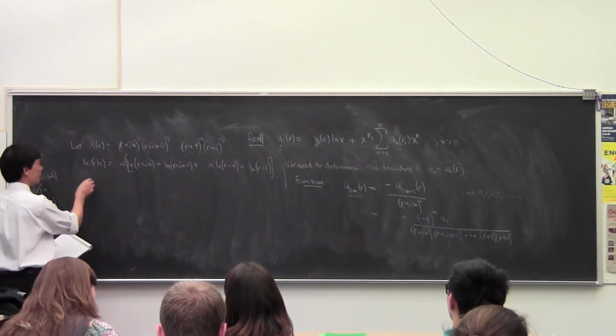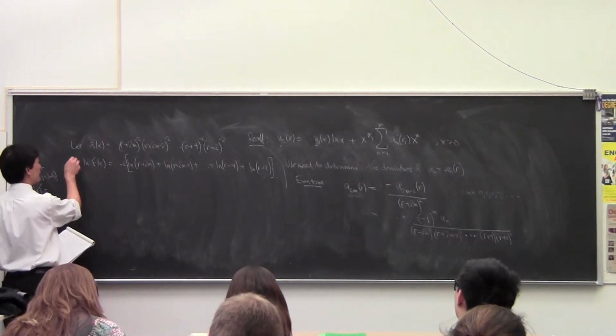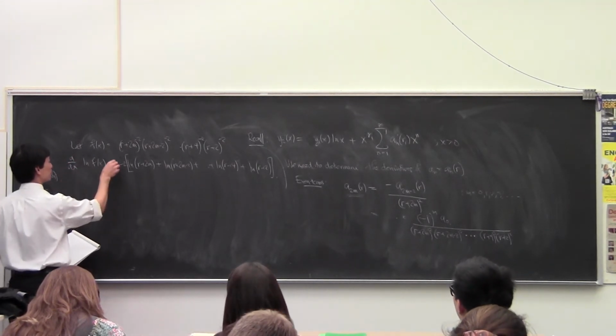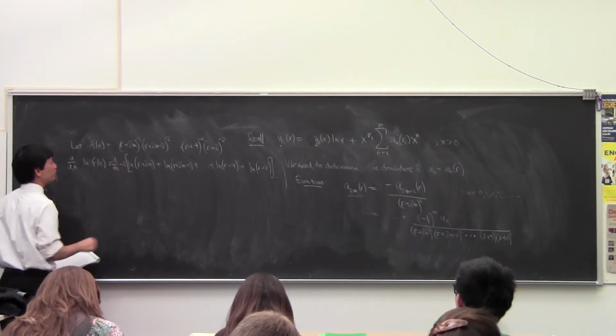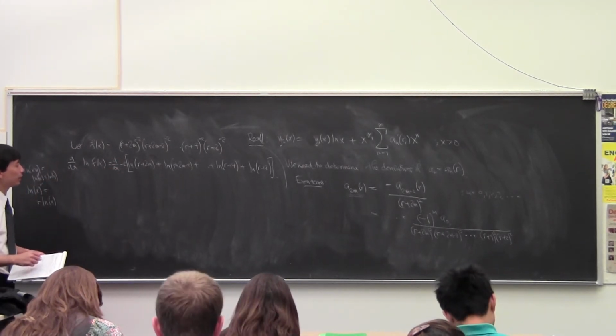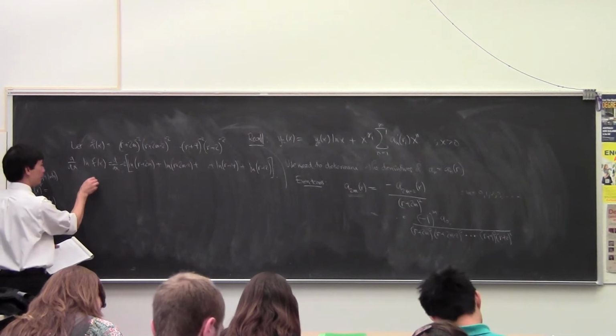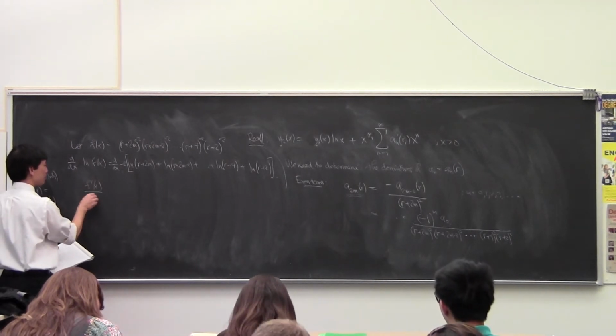Okay, and then you differentiate. So differentiate both sides. d/dx of that is d/dx of that. And then on the left-hand side, we're going to get f prime of x over f of x.